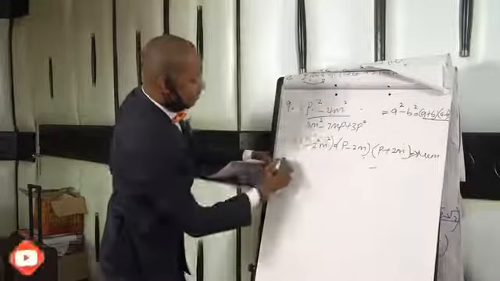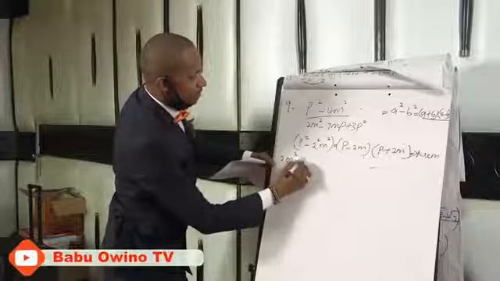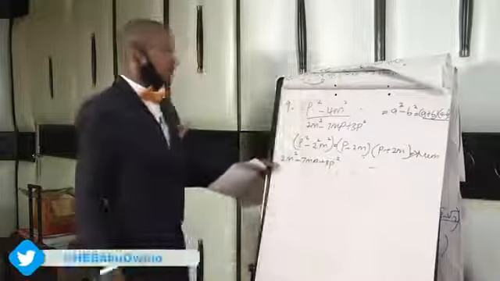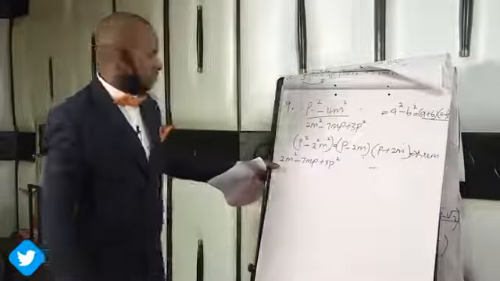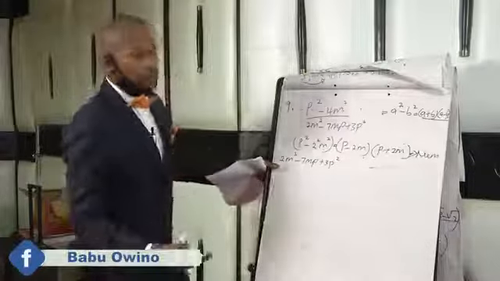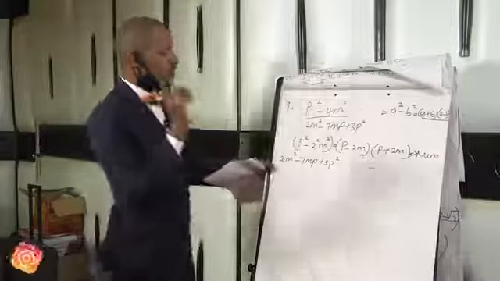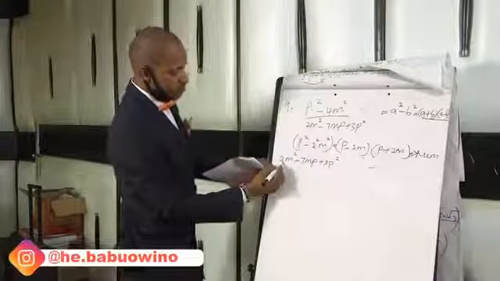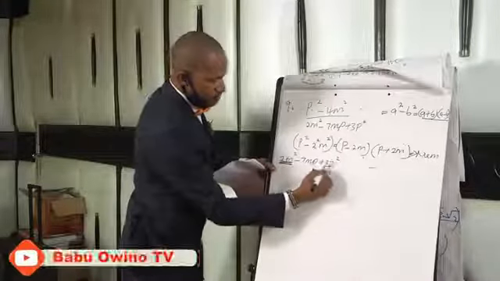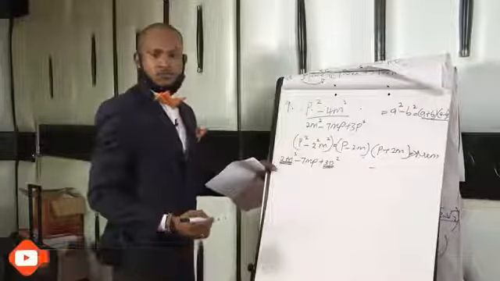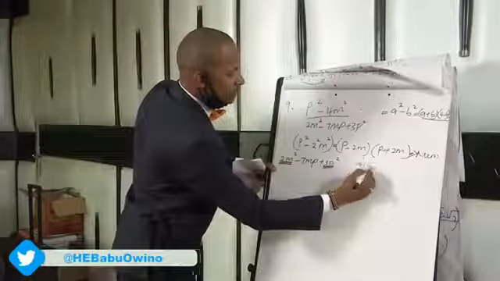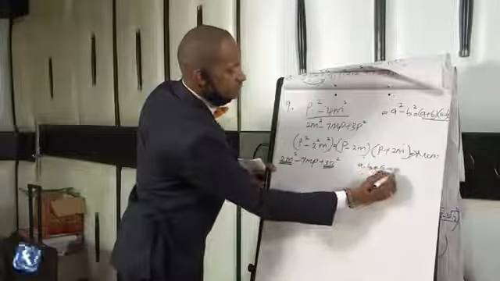At the denominator, we have 2m squared minus 7mp plus 3p squared. This is a quadratic expression, and we solve it just by factorizing. Look for two numbers that when you multiply give you 2m squared times 3p squared, so when you multiply them it gives you 6mp.